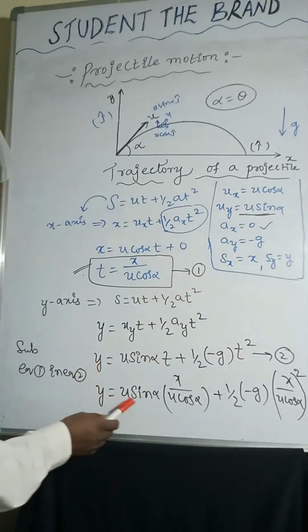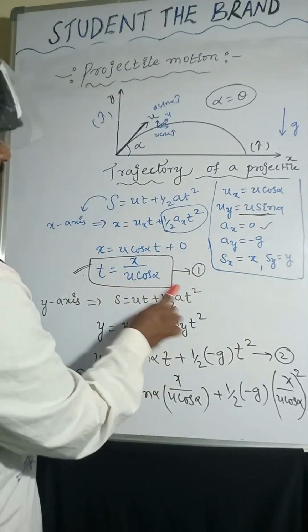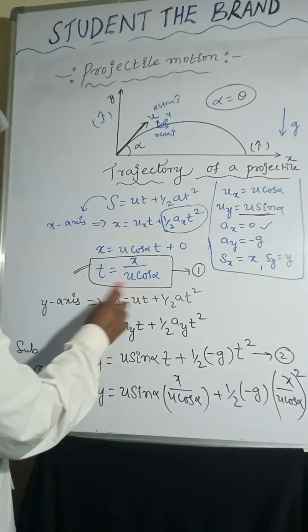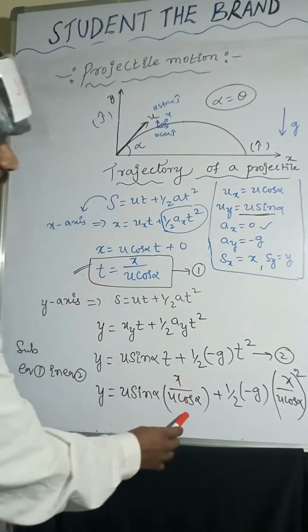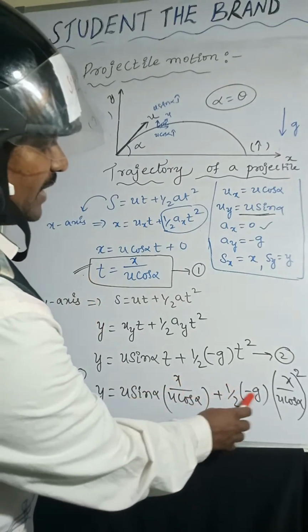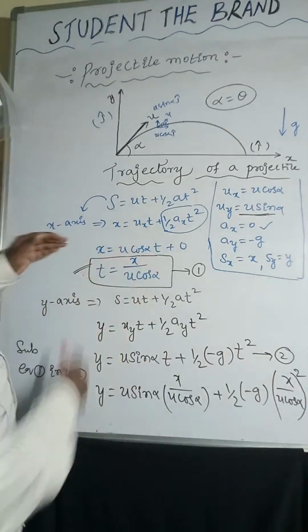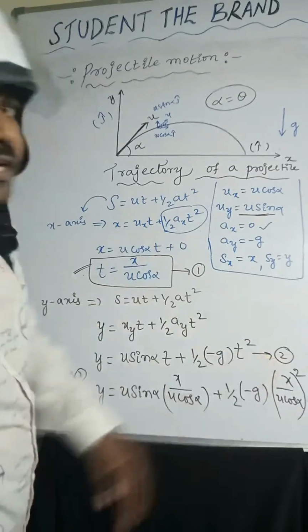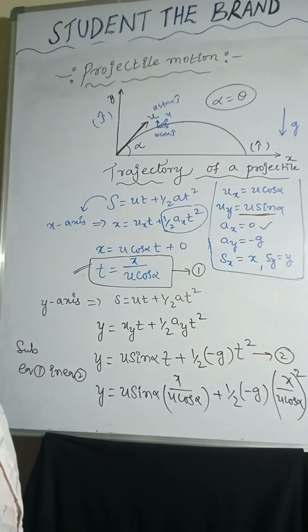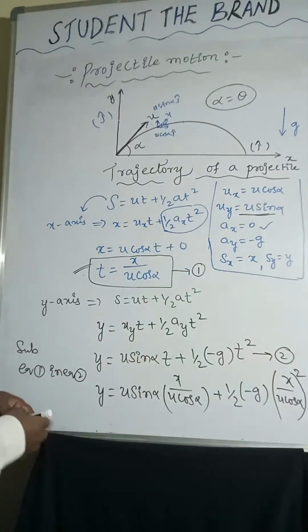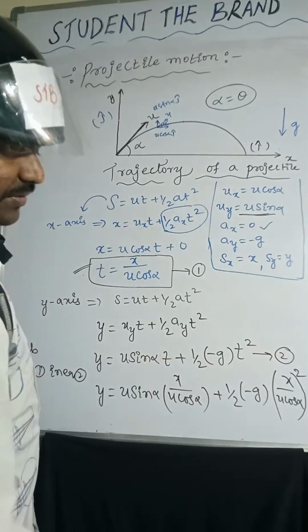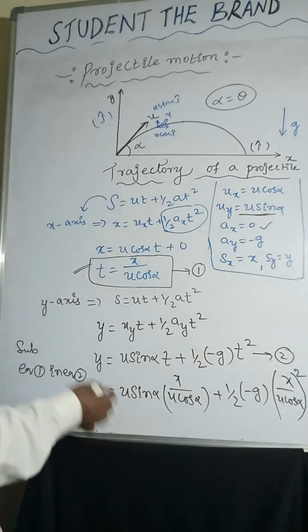So y equal to u sin alpha into x by u cos alpha plus 1 by 2 into minus g into x by u cos alpha whole square. In the place of t we are substituting equation 1. I hope it is very clear. Now we'll get the final equation.